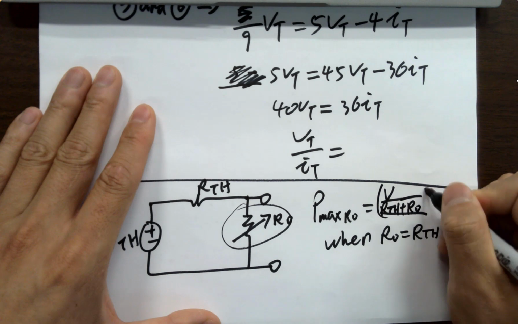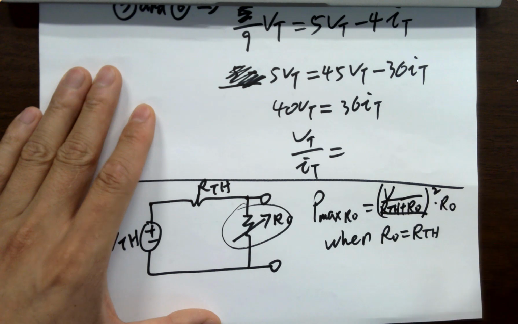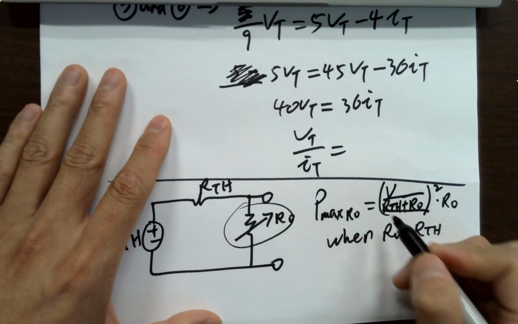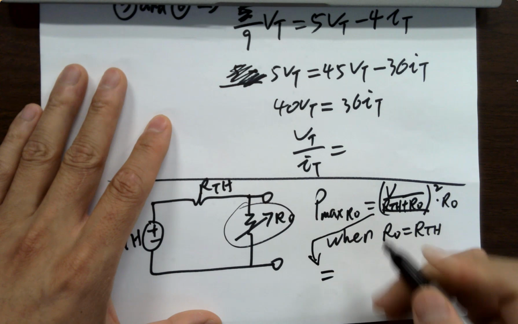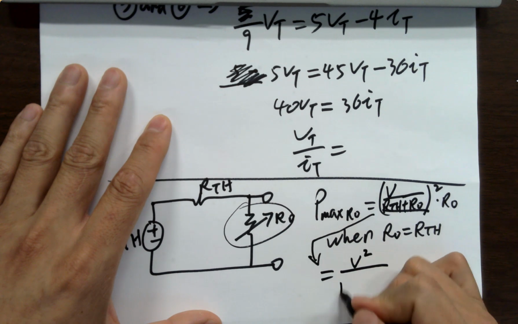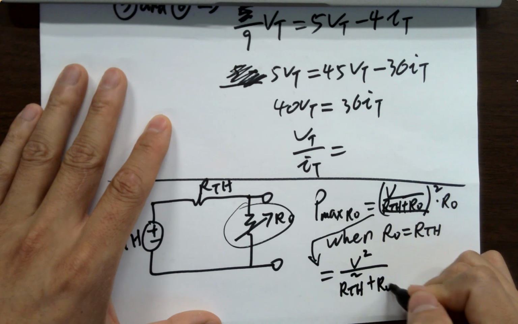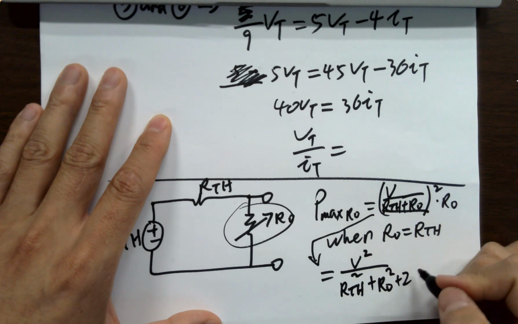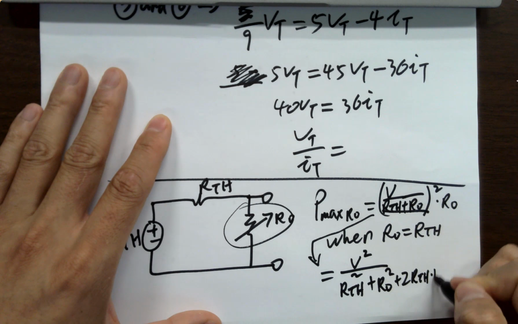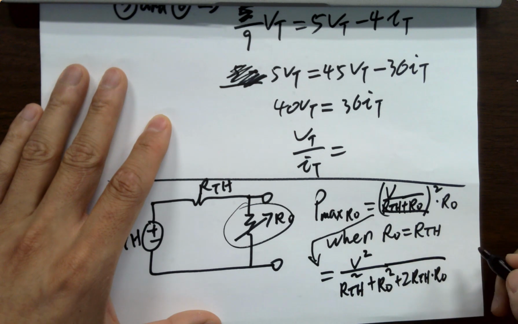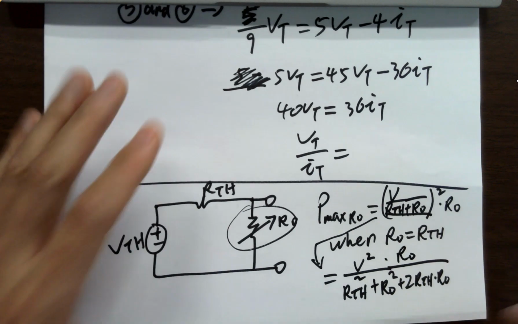Current squared times RO will be the power. So that equals V squared over RTH squared plus RO squared plus 2 RTH times RO, times RO.